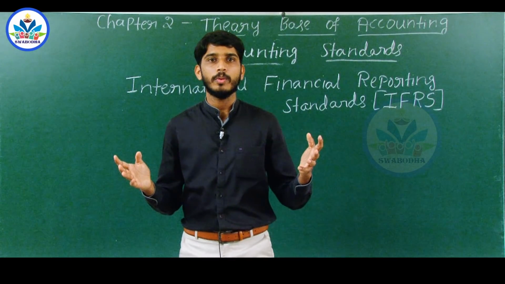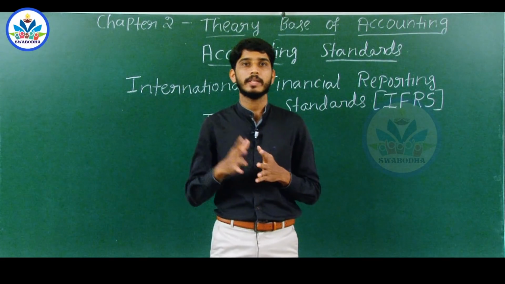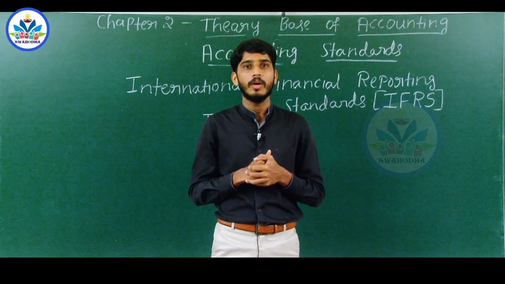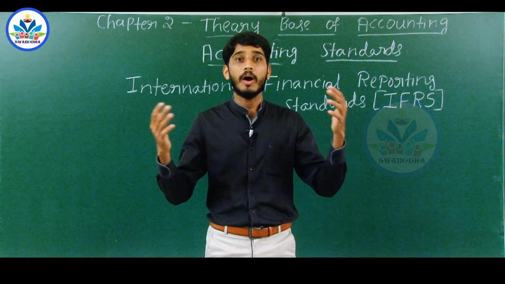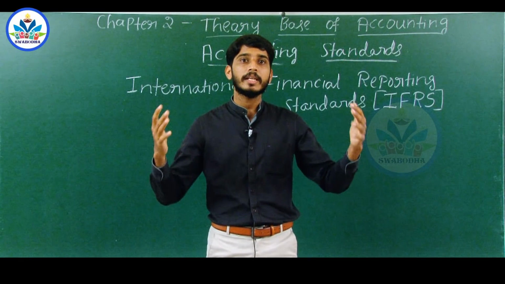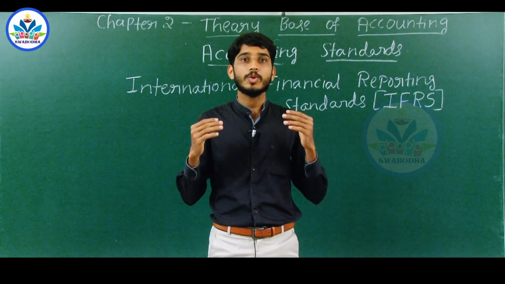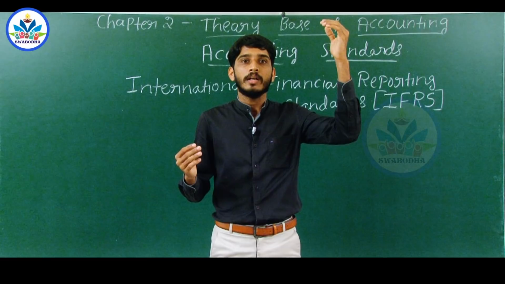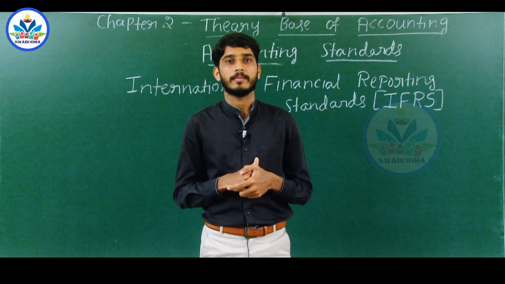In order to have a brief understanding about the second chapter, that is the theory base of accounting, we have understood about generally accepted accounting principles and how they were developed. Then we analyzed in detail 13 different basic accounting concepts based on which the practices are being followed by the accounting profession.